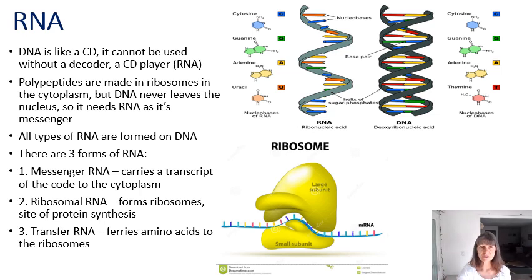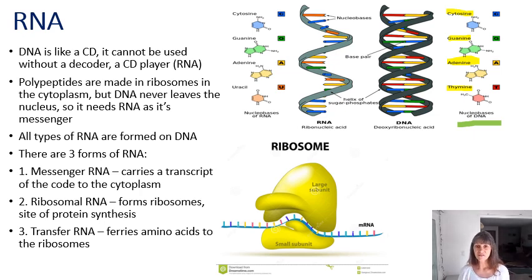If we look closely at this slide, you can see on the right-hand side those 4 nitrogenous bases involved in DNA. We have thymine, adenine, guanine, and cytosine. RNA is similar.